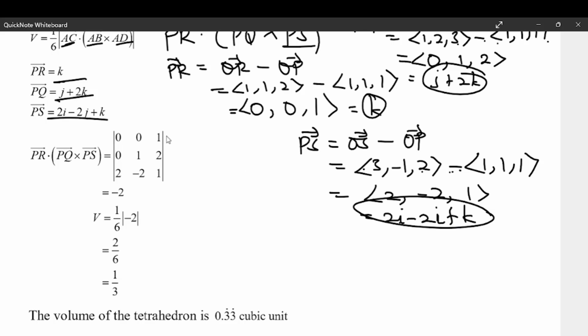Now we arrange the three results here. The first one we had 0, 0, 1, so that is what we have here. And then the second one we have 0, 1, 2, so 0, 1, 2 is also here. And then we have 2, negative 2, 1, and that is what we have here too.